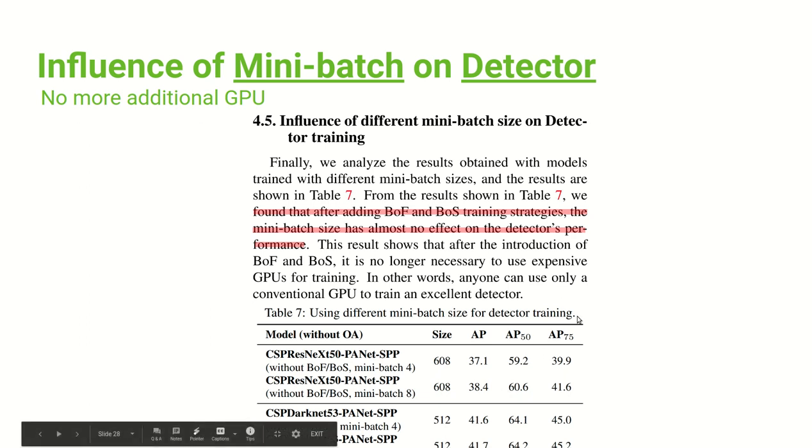So I think this result is kind of debatable, because if you remember, we are now using cross mini batch normalization. You tell me that your mini batch size is now 4 or 8, but you didn't tell me how many mini batches you are collecting across.